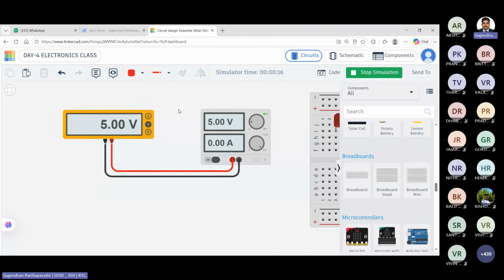Potheswaran, in our college practice, the very first thing we use is the breadboard. Once you finalize the circuit outputs and are satisfied with them, we will get into soldering and other concepts.